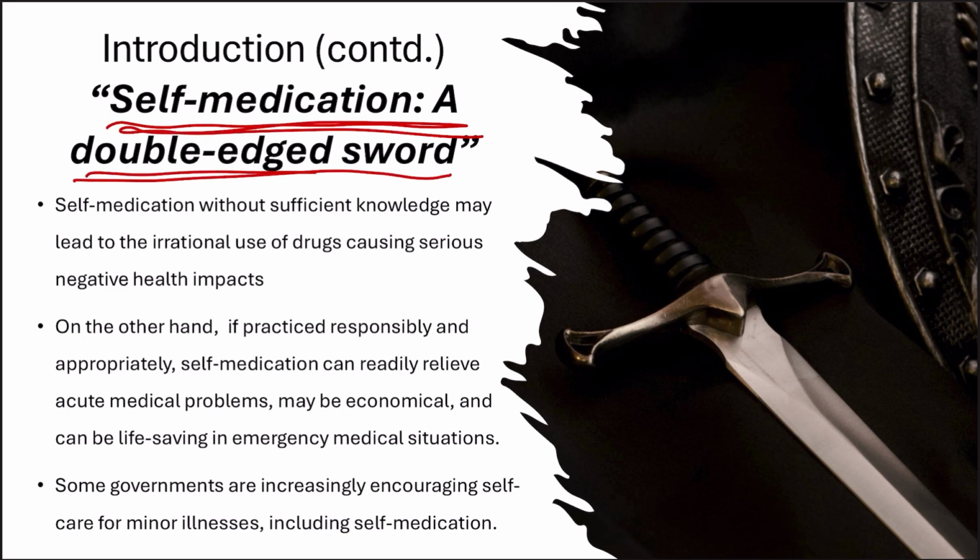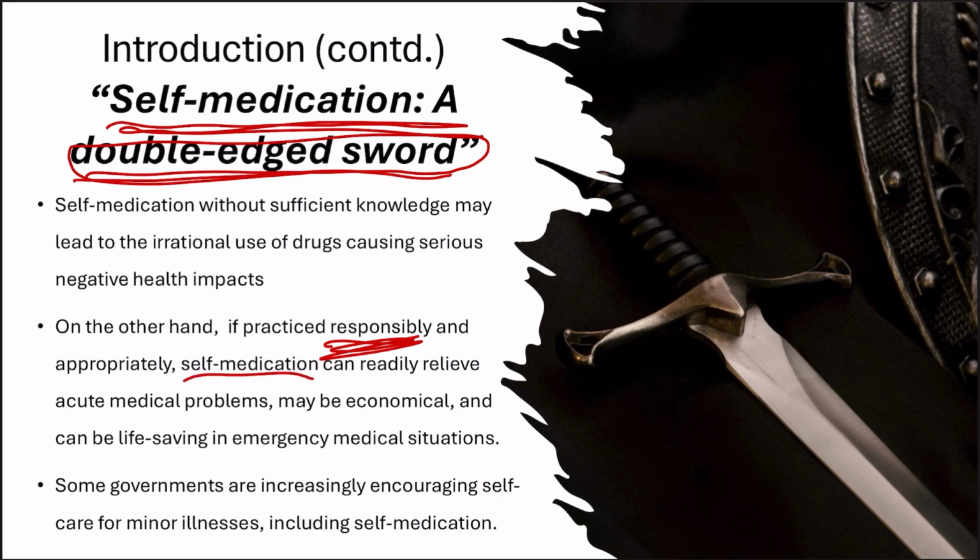What do we mean by the double-edged sword here? It means that self-medication is good and also bad. When is self-medication considered good and beneficial? This is when we do responsible self-medication. In that case, it is a benefit for the society. That is, we know which drug is to be used for which particular condition.